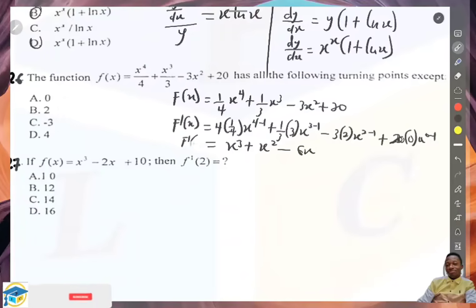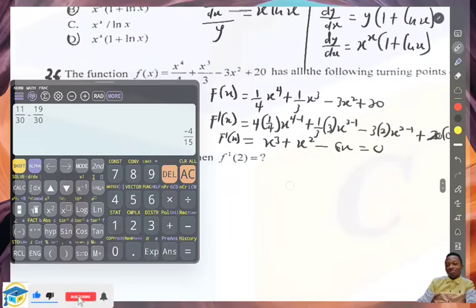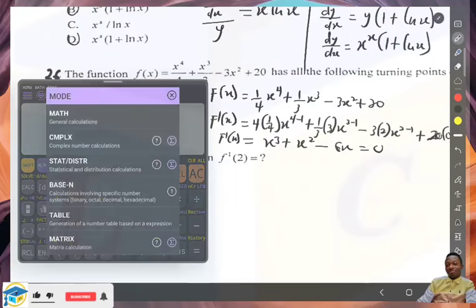But we said at the turning point, f prime of x or dy over dx should be equal to 0. So once we know that x cubed plus x squared minus 6x is equal to 0, therefore we can find our values. On your calculator, this is what you're going to do. You go to mode on your calculator. With my case, it's different.